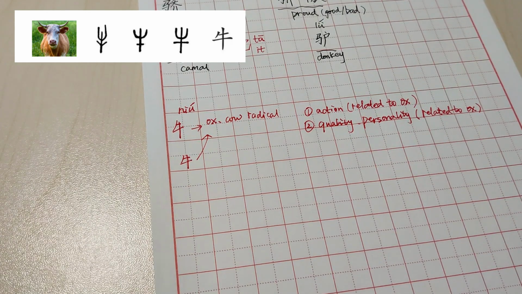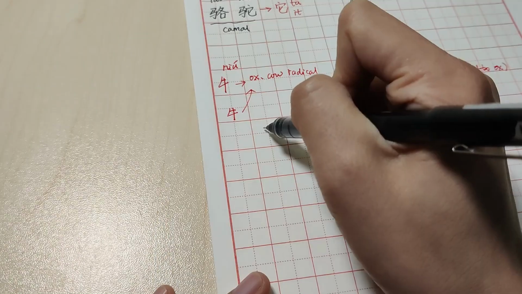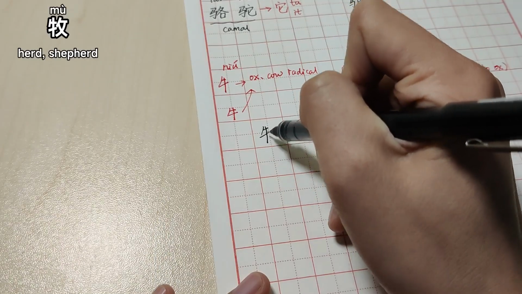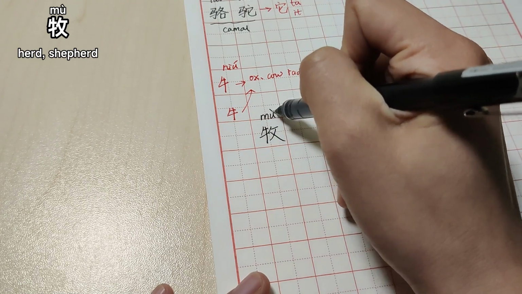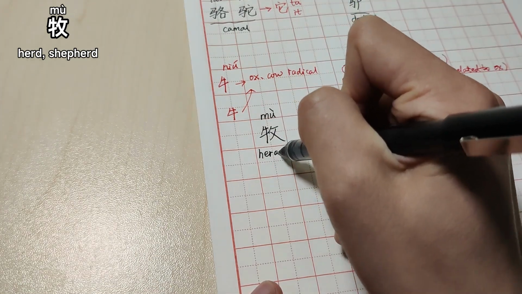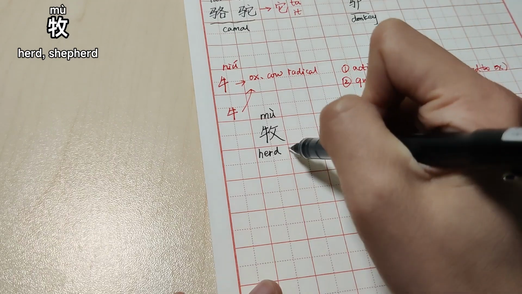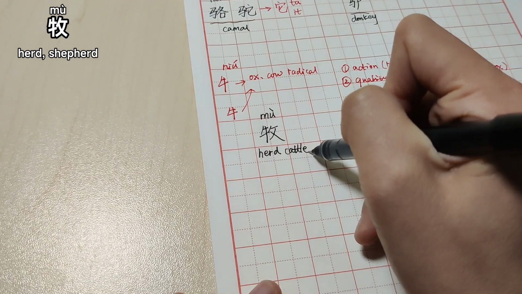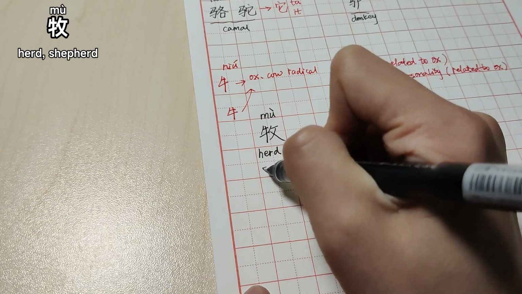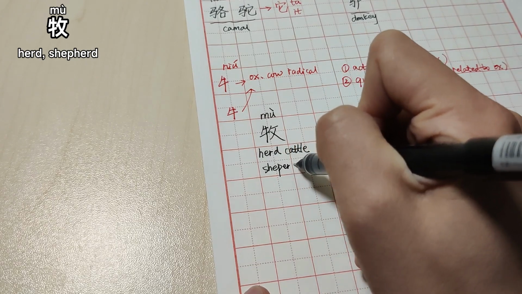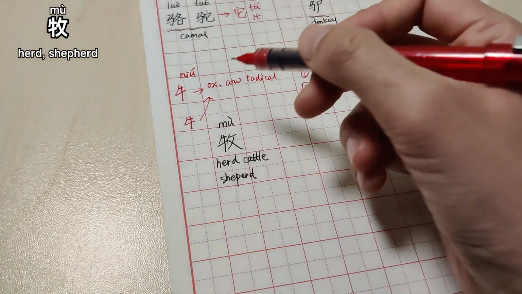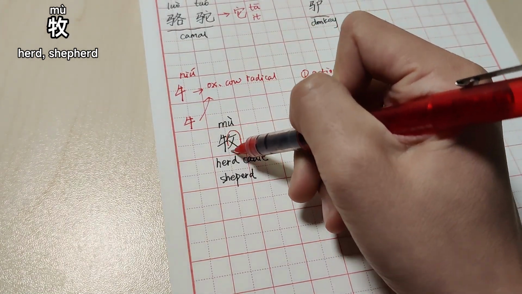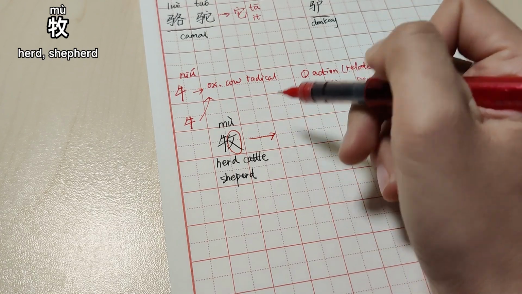Okay, let's get to the first one. Mu, to herd cattle or to shepherd. As for the mu, I want to point out you need to be careful with the right part.